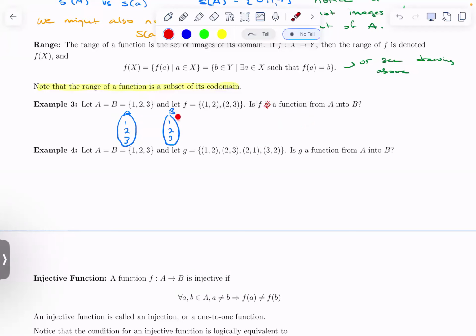So f is going to map 1 to 2 and then 2 to 3. Kind of a problem. This is not a function.